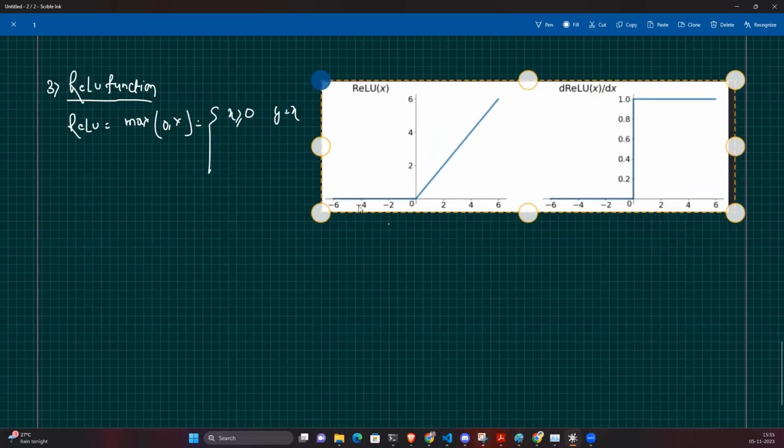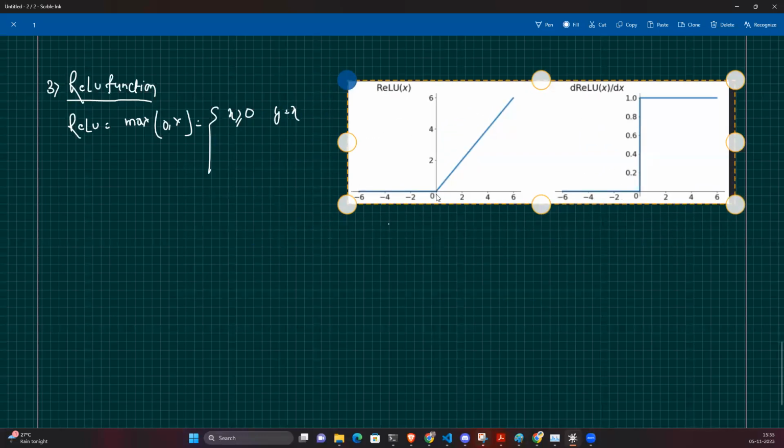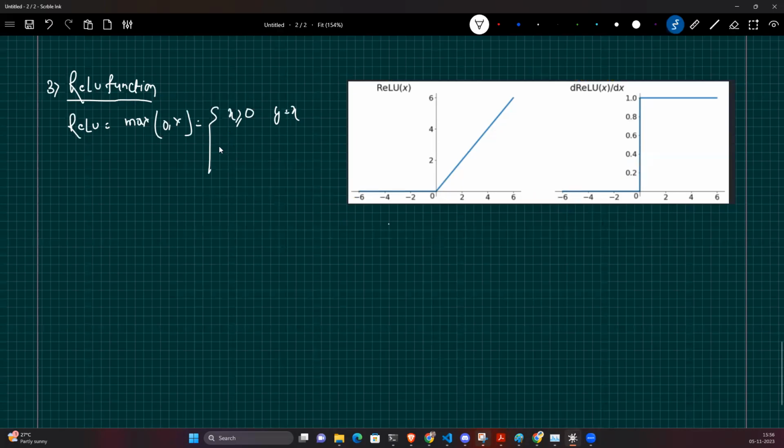Just see. If your input x is above 0, then output is equal to x. Whatever x is there, y is there. X is there, y is there. Means x is directly proportional to y, or y is directly proportional to x. But if your input is less than 0, then y will always be equal to 0.